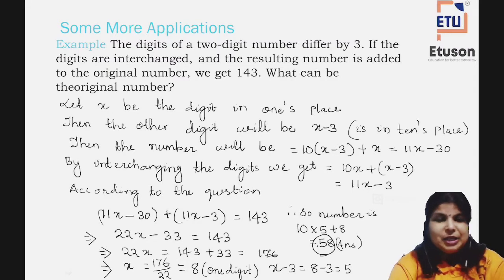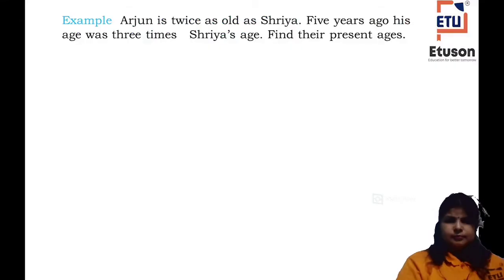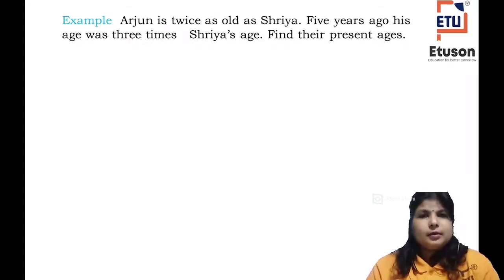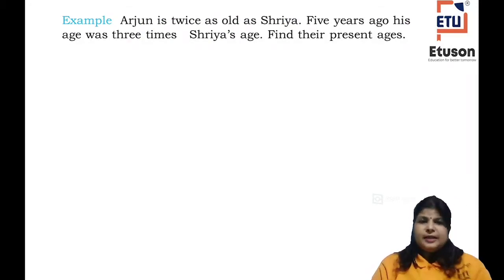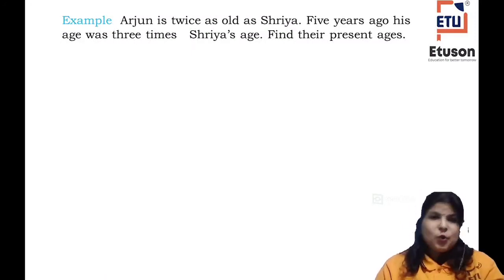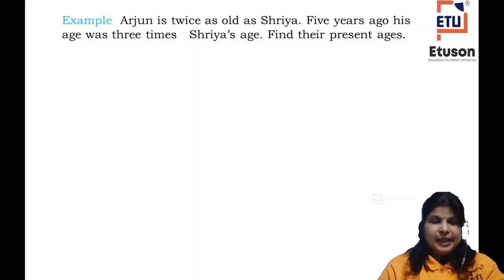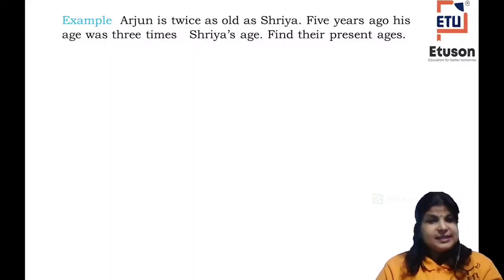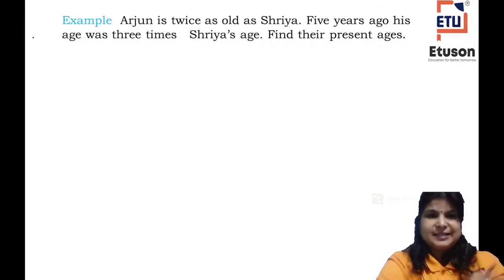Okay, so shall we go to the next example then? Here comes the next question. Arjun is twice as old as Shriya. 5 years ago, his age was 3 times Shriya's age. Find their present ages.